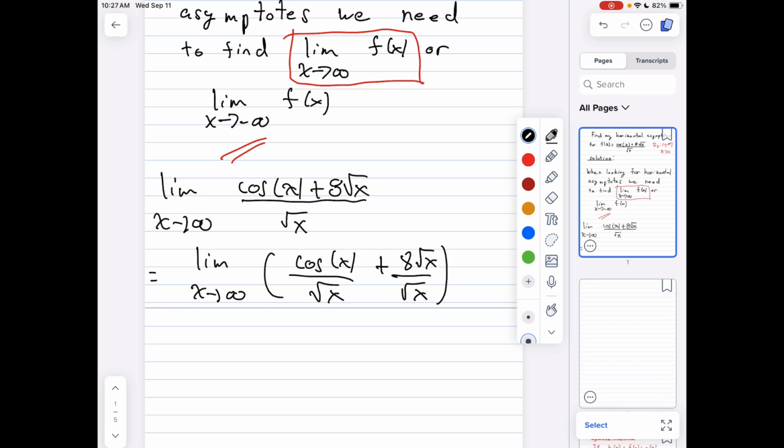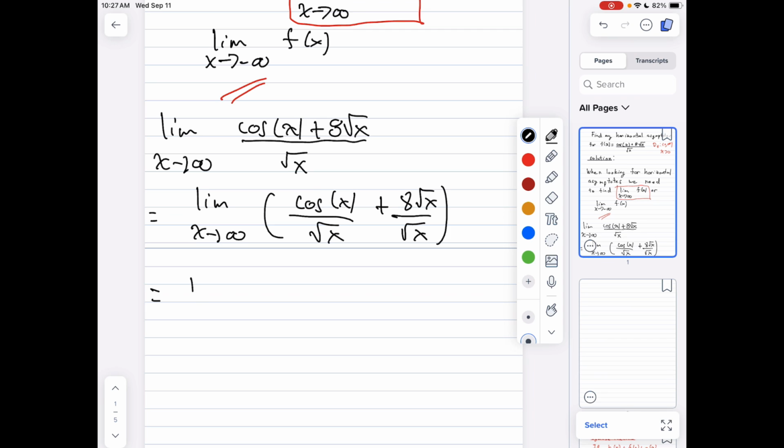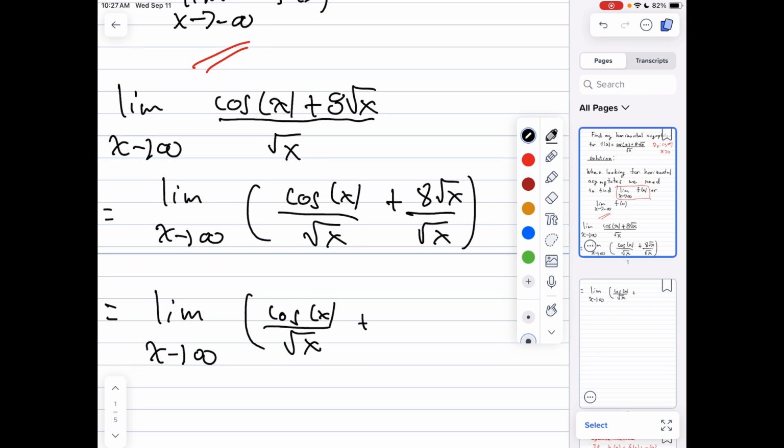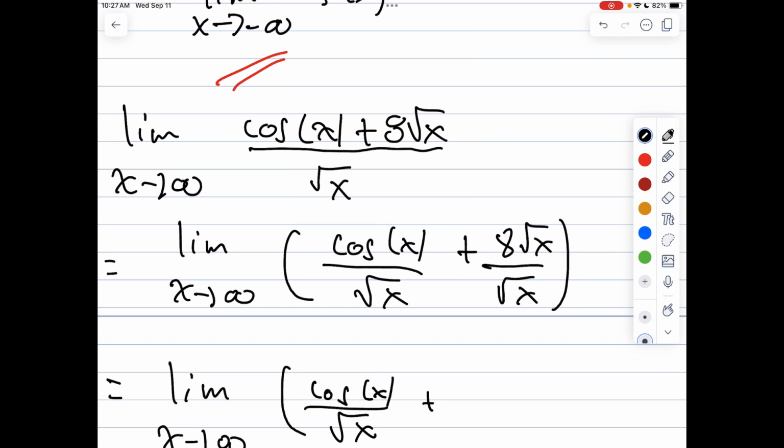Okay, we're allowed to do that. That's a property of fractions. So the numerator can be split up into multiple parts all over the same denominator. And if we take a look at the function furthermore, the part where I have an 8 root x over root x, that can be simplified by canceling the root x's out.